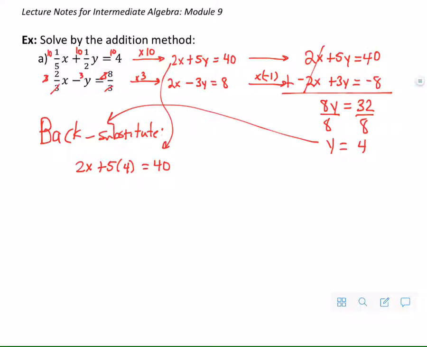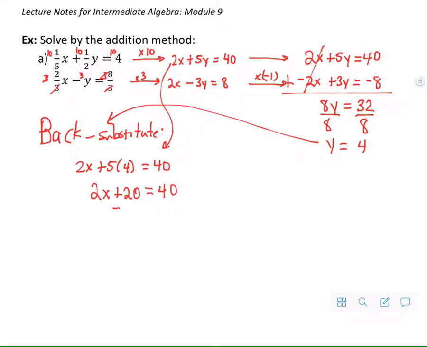Now, again, if you ask me which equation to choose for back substitution, for the most part, it doesn't matter. One of your previous equations, okay? Assuming you did everything correctly, it doesn't matter which one you use. Sometimes that's a generous assumption.